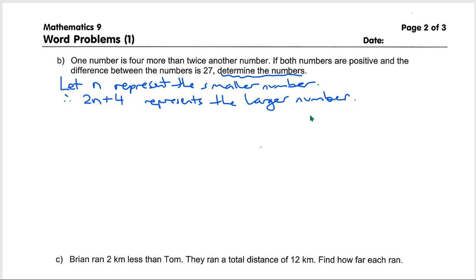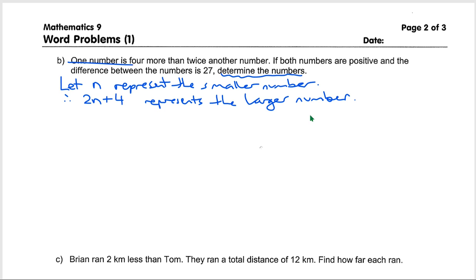Now, both numbers are positive, so I don't know what to do with that right now, so let's see how it works out. The difference between the numbers is 27. Difference you get when you take the larger minus the smaller. I'm going to change the color so that we are consistent with the other problem.